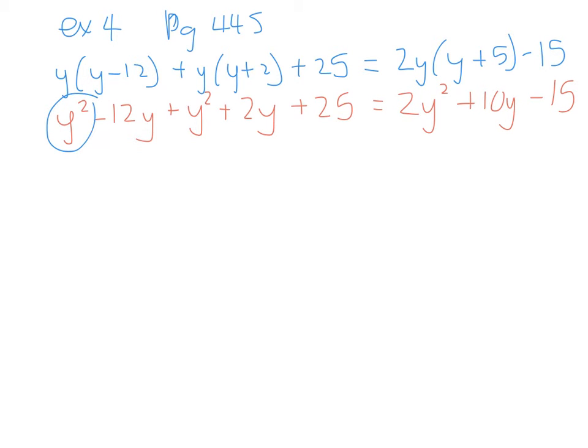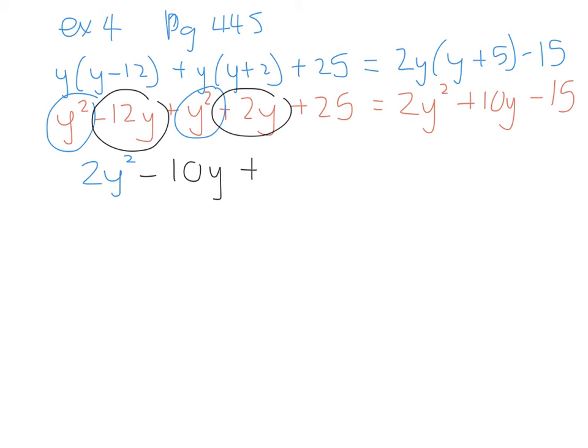So we have y squared plus y squared. That's 1y squared plus 1y squared, and we're adding, so that gives me 2y squared. Then I have negative 12y plus 2y. That gives me negative 10y. Then plus 25 equals 2y squared. There's nothing to combine on the right side, no like terms.